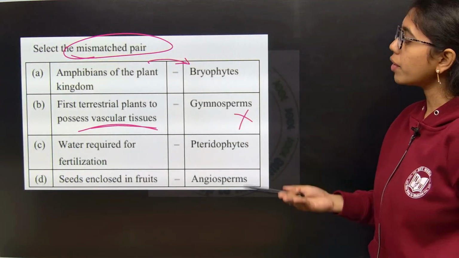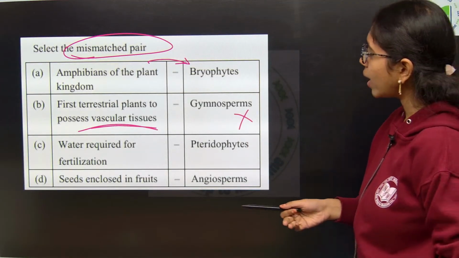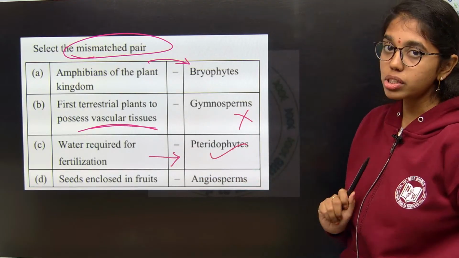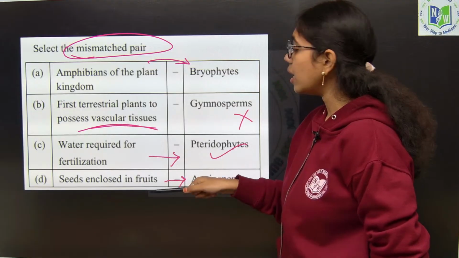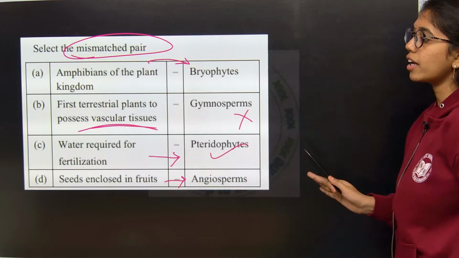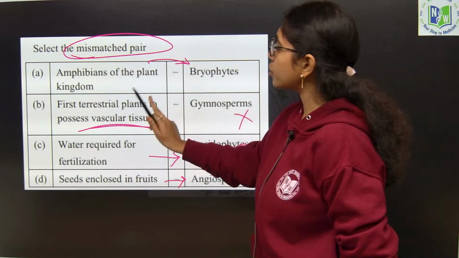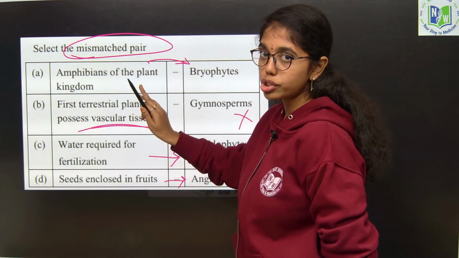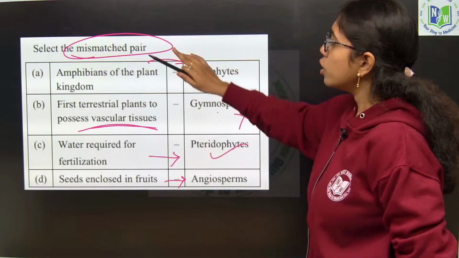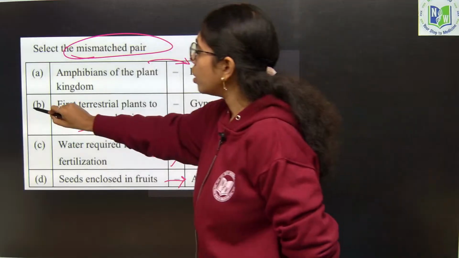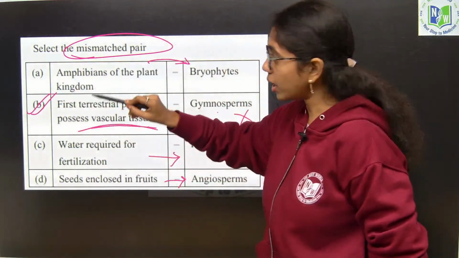Water required for fertilization in pteridophytes. True. Seeds enclosed inside the fruits. Yes, in angiosperms seeds are enclosed inside the fruit. So the first terrestrial plants to possess vascular tissues are pteridophytes, not gymnosperms. So the question is to identify the mismatched pair. We can go with option B. Next question.